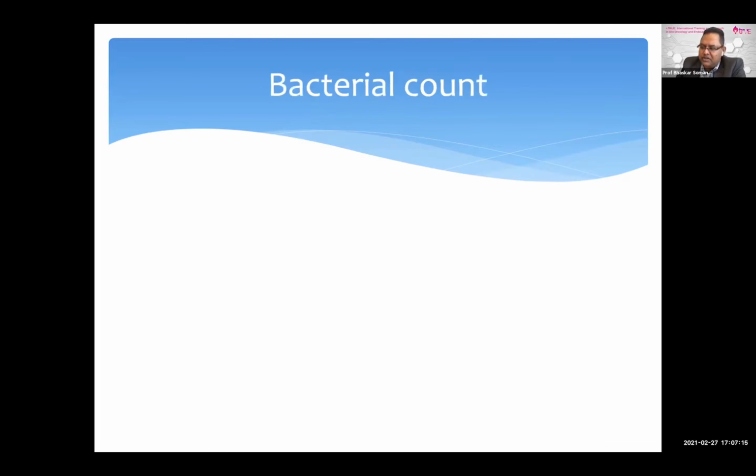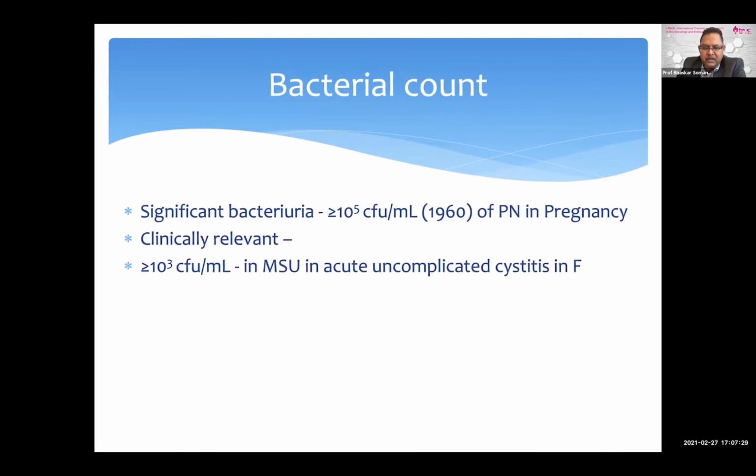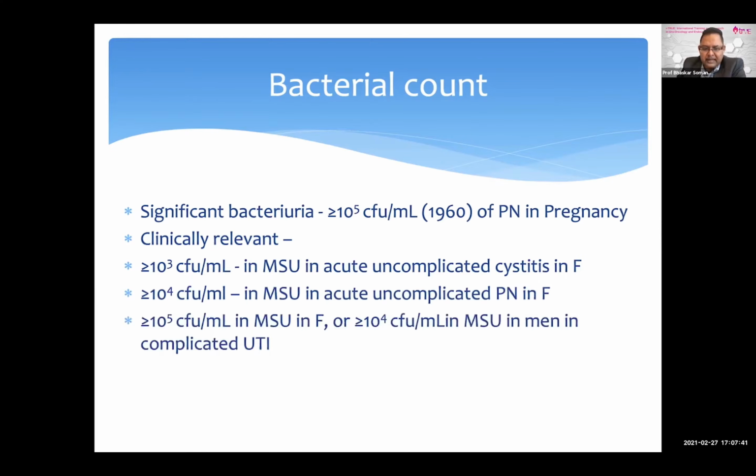The bacterial count, it's always interesting to see how the bacterial count works. The definition of significant bacteriuria comes from almost 60 or 80 years ago, through pyelonephritis in pregnancy. But the clinically relevant bacteriuria is 1,000 colony-forming units per mil in uncomplicated cystitis in females, 10,000 colony-forming units per mil in uncomplicated pyelonephritis in females, and 100,000 or 1 lakh colony-forming units per mil in females, or 10,000 in males, in complicated UTI.